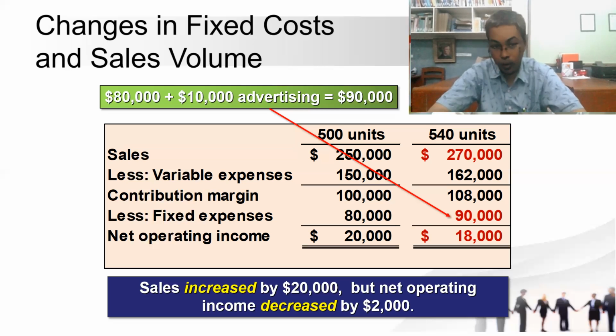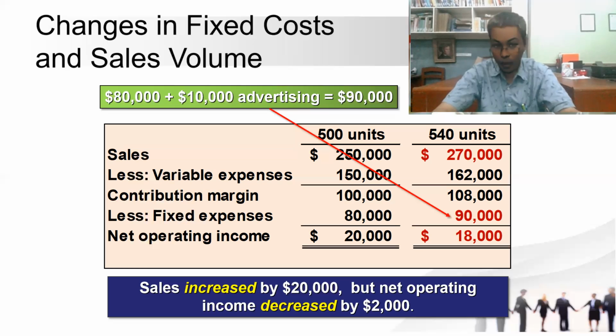If you compare the 500 units and 540 units, using advertising amounting to $10,000 is not justified.